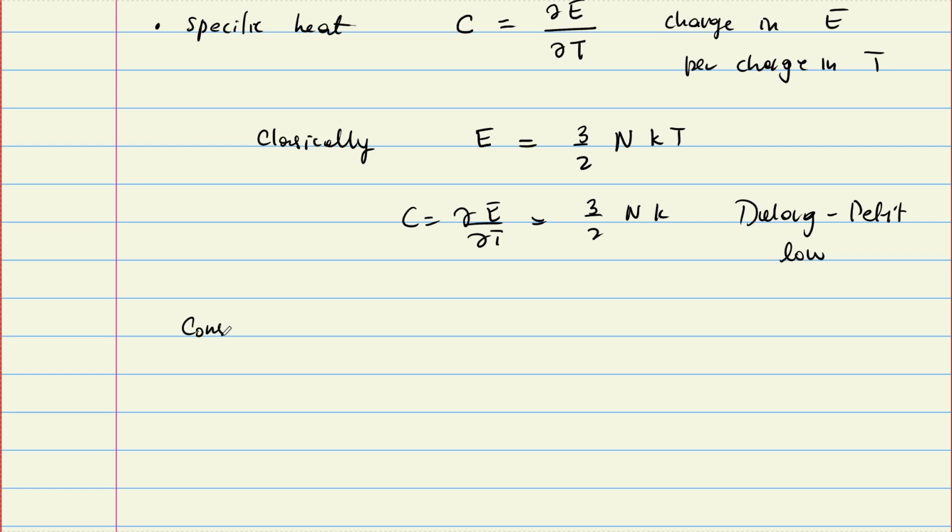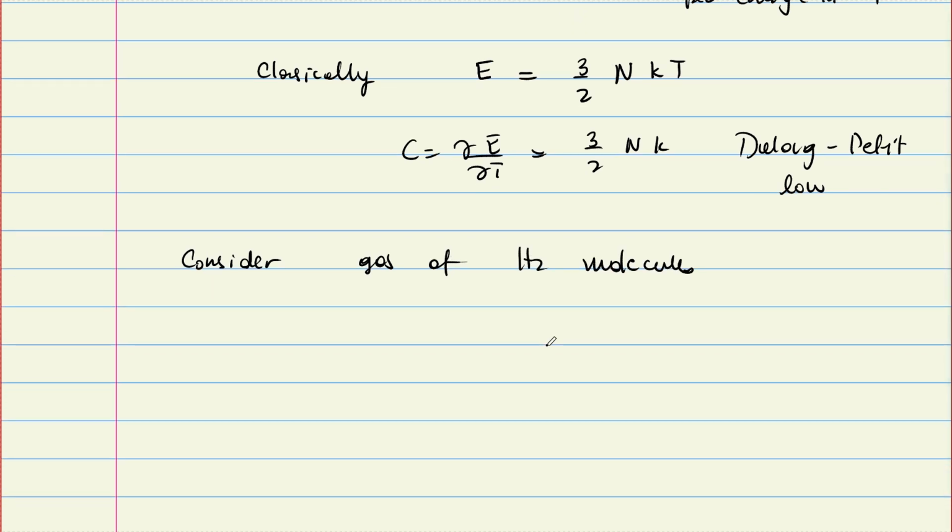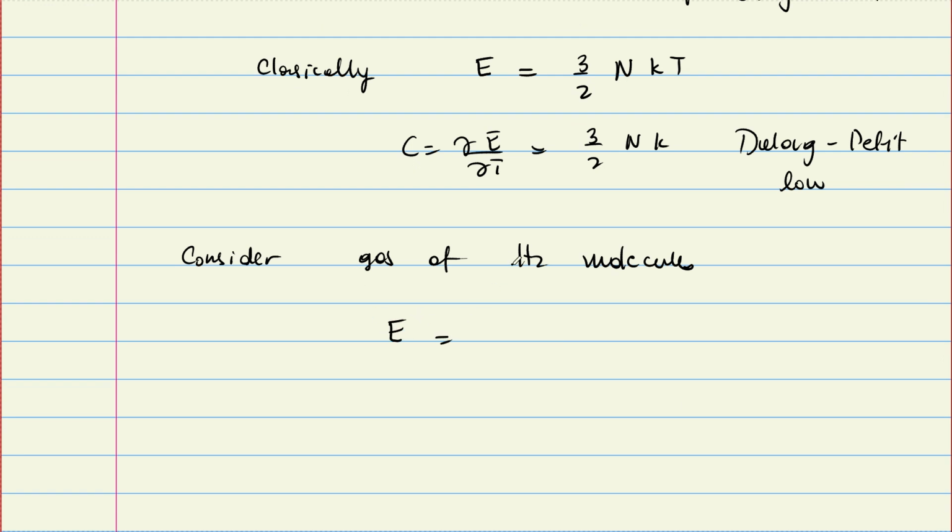Now let's make it a little bit more complicated, but still classical. I have a gas of H2 molecules. Now I need to write E. What is E for an H2 molecule from the equipartition theorem? Is it 3 over 2 nkT? How many degrees of freedom do I have for a molecular gas? 5. Okay, so let's count the degrees of freedom.